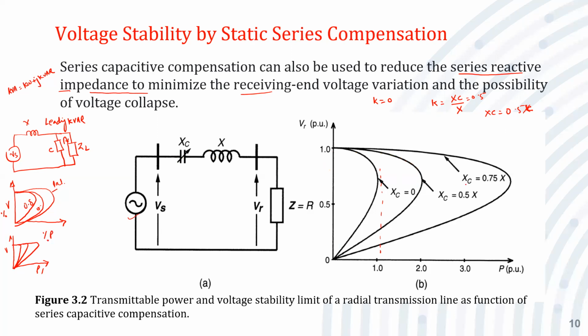Similarly, when K is equal to 0.75, it means 75% of the transmission line reactance. Again, the power handling capacity increases and the voltage collapse margin increases. So here, by using the series compensator, one may increase the voltage stability of the transmission line.